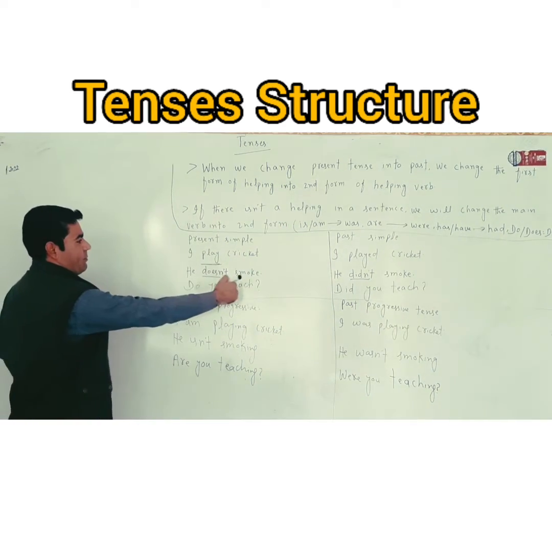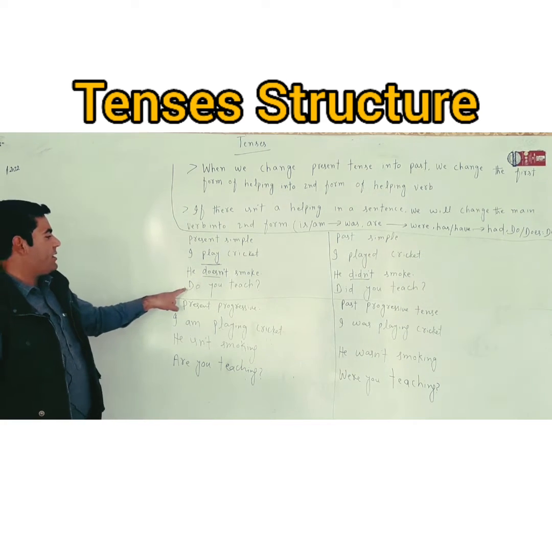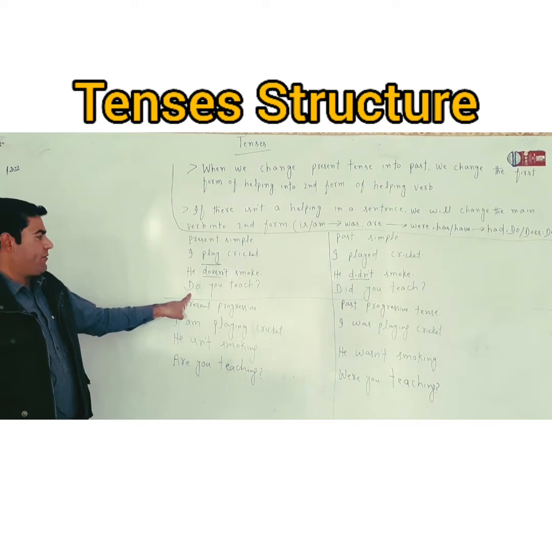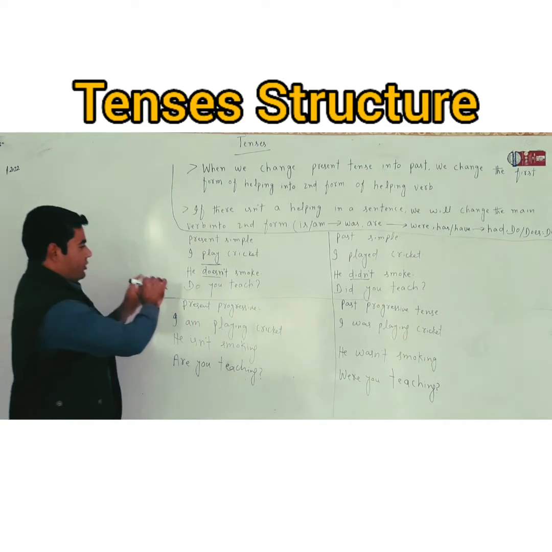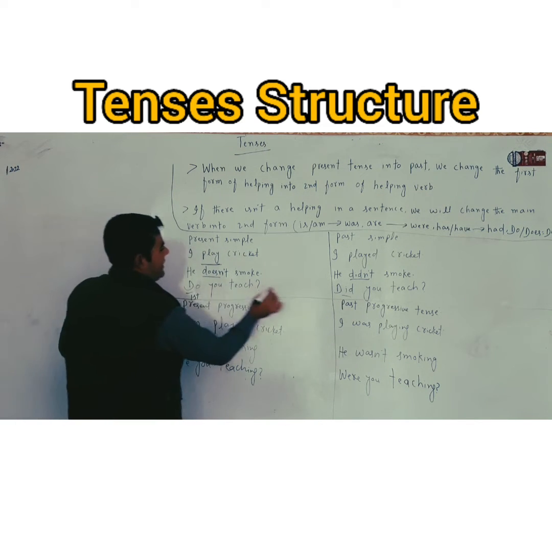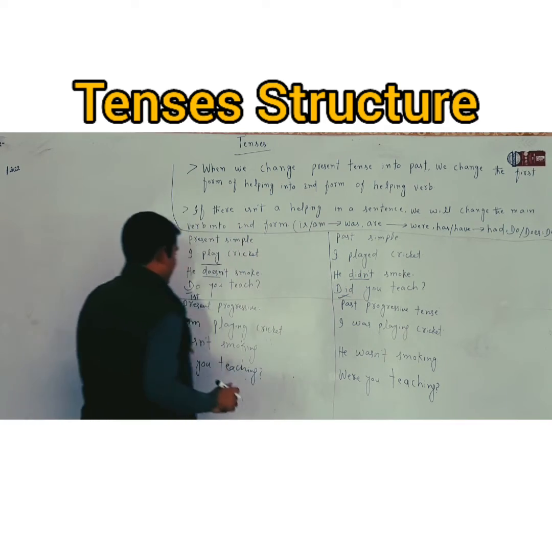This is present simple and this became past simple. Same is the formula here. Do you teach? Do is first form of helping verb. We changed it into did. Just we change do into did. So do is first form and we changed it into second form, and there occurred past simple tense.